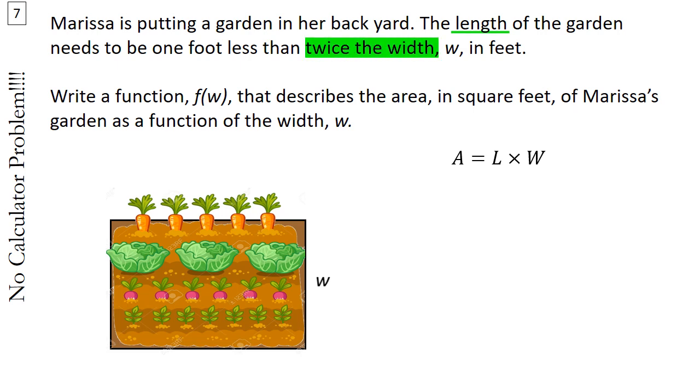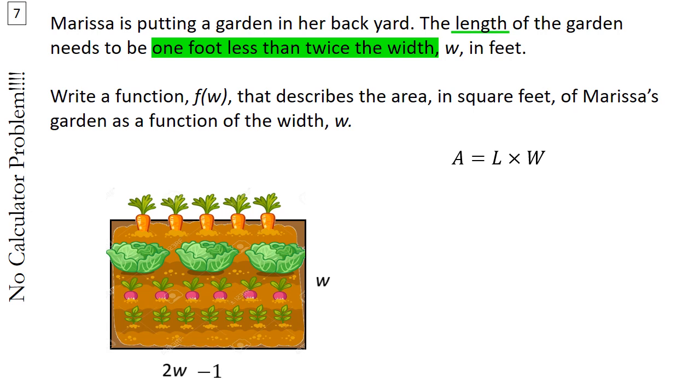Let's start with twice the width. Twice means you do it 2 times. That's 2 times the width. But that's not everything. It's 1 foot less than twice the width. So take that twice the width, and I need one less than that, so I'm going to subtract 1. 2w minus 1, and that is going to be my length.